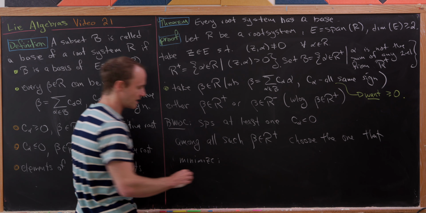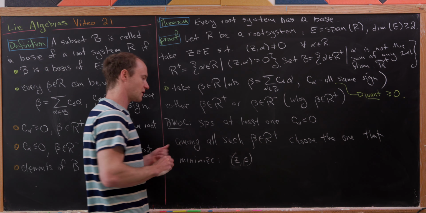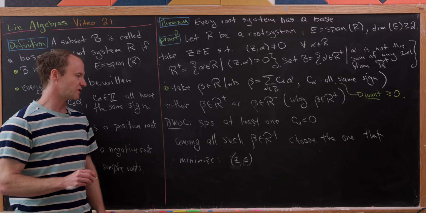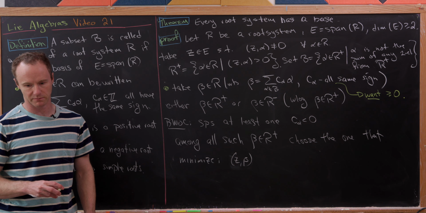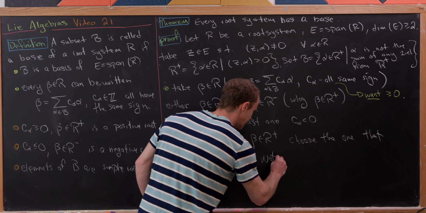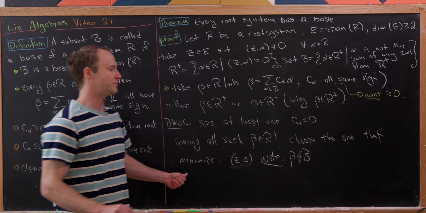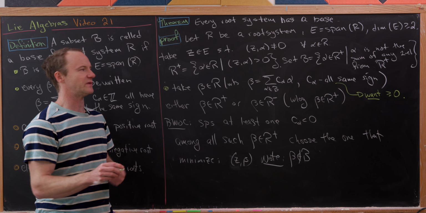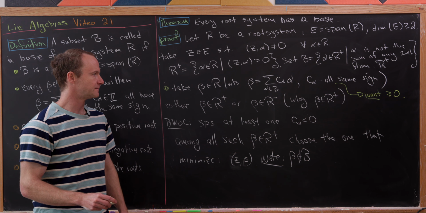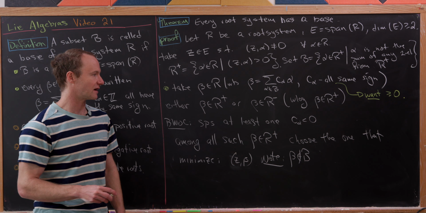It's going to be this number, the inner product of Z with beta. So we're minimizing that thing which is a positive number. Okay, so now next up, what I'd like to do is note that beta is not an element of B. Well, I guess if it were an element of B, we'd totally be done already. So what we'll do is assume that it's not an element of B.